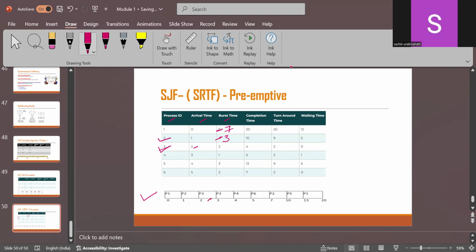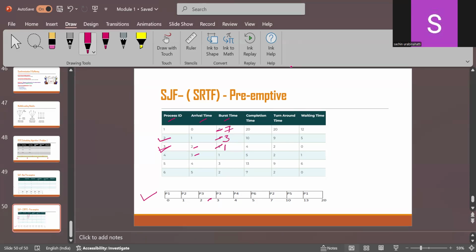At the third unit of time, one more new process comes into existence. Meanwhile, the remaining time of P3 will be 1. Now when P4 comes at the third unit of time, the execution time it needs is 1. So there is a tie between P3 and P4.